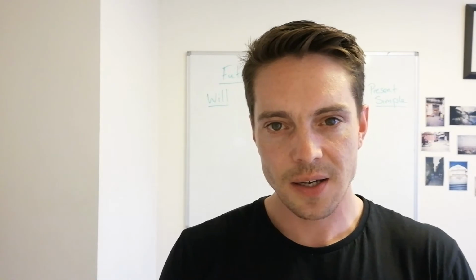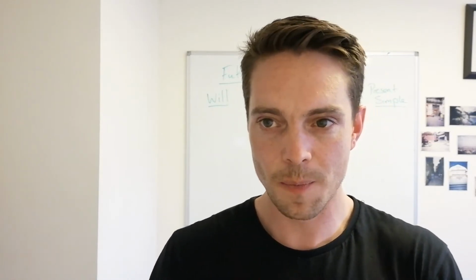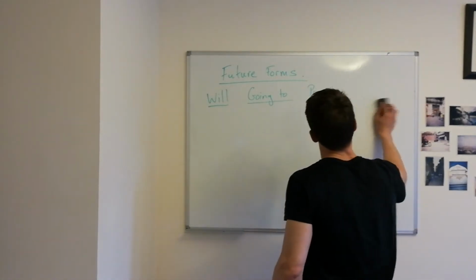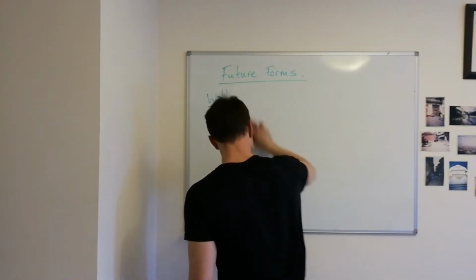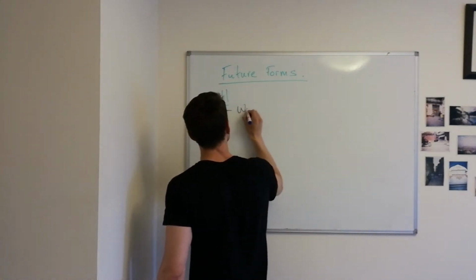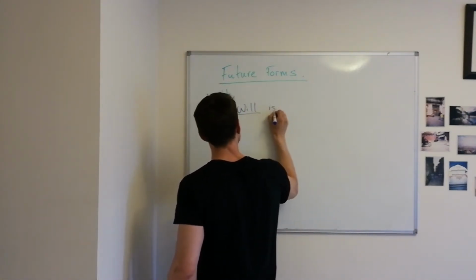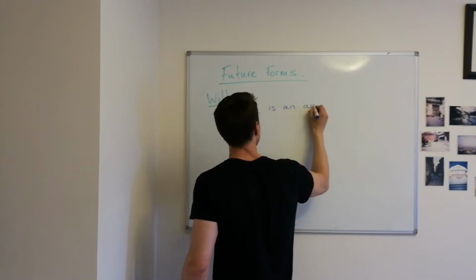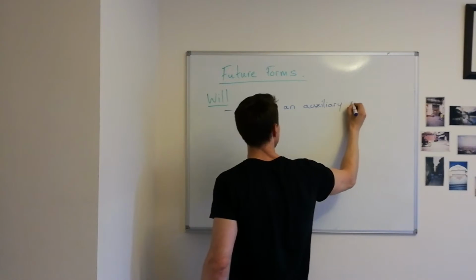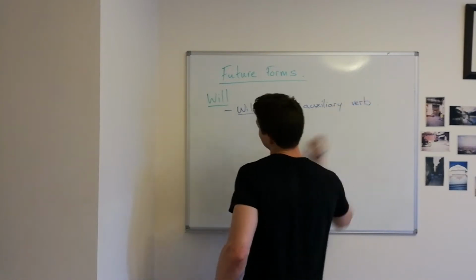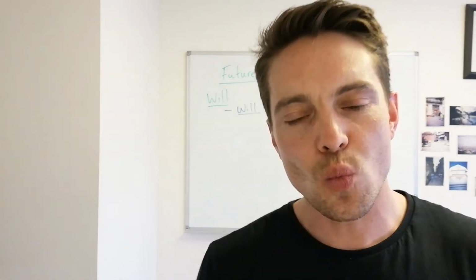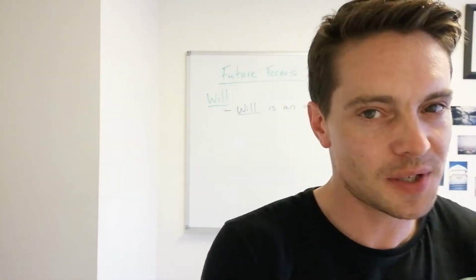So let's start by looking at the future form will. So, will is an auxiliary verb, and what we mean by that is that will is one verb which helps another verb.